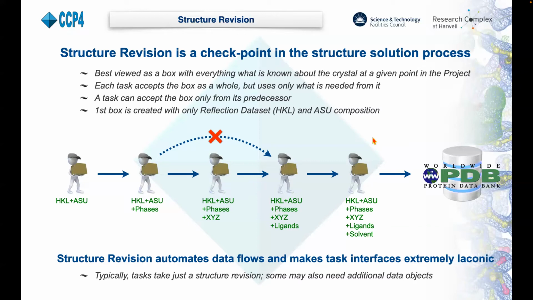And again, this mechanism enforces the branch and tree structure of the project, which is quite helpful for overviewing and analysis, maybe even years later. So once the concept of structure revision is understood, the principles of project development in CCP4 Cloud should become completely clear. But let's continue with our project now.